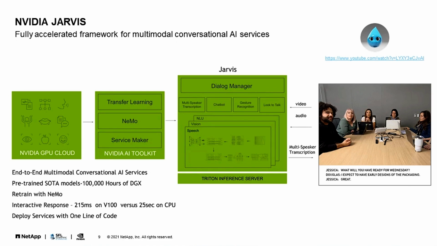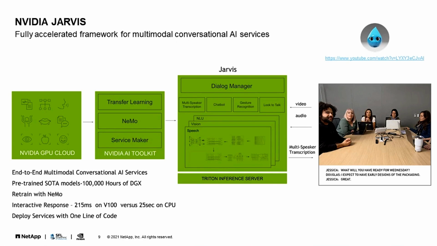So it is a GPU accelerated application framework that uses an end-to-end deep learning pipeline. The framework includes pre-trained conversational AI models for speech, vision, and natural language understanding tasks. All these trained models are also available freely on the NVIDIA GPU cloud.